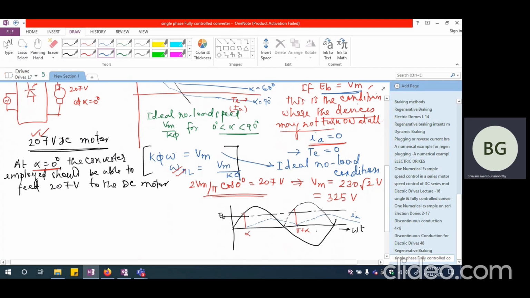So the boundary between continuous and discontinuous conduction occurs when beta lies exactly at the point of pi plus alpha.